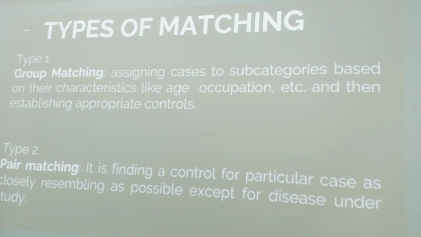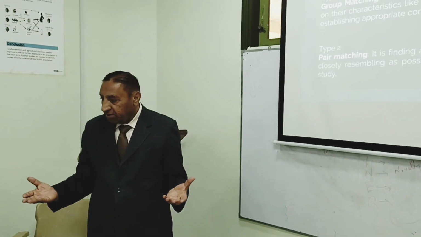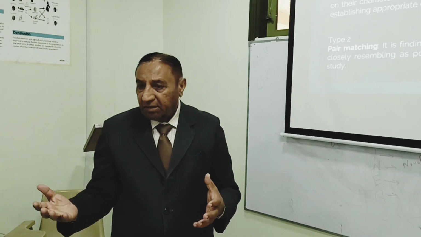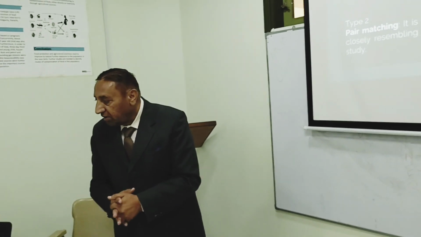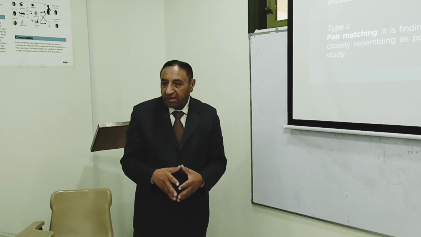Suppose one person is matched with a neighborhood person or a person from the village or from some school. Suppose a student is a case for any disease which is your interest, then from the same class or the same school you can select a boy of the same level, of the same class.